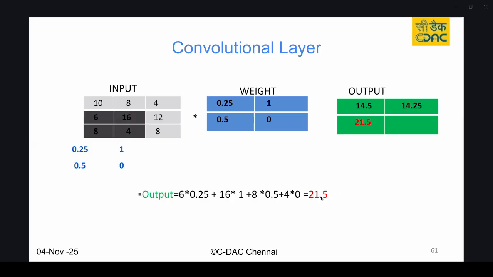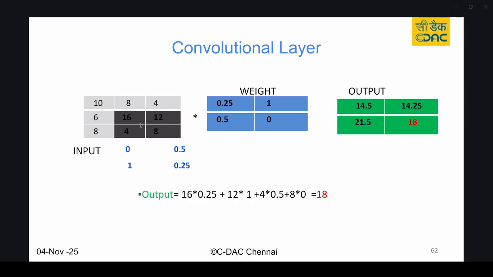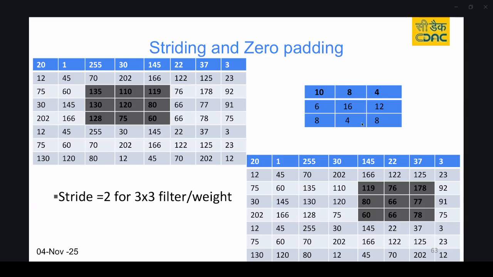Then again this 2 cross 2: 6 into 0.25 plus 16 into 1 plus 8 into 0.5 plus 4 into 0, I get 21.5. Again this 2 cross 2 matrix: 16 into 0.25 plus 12 into 1 plus 4 into 0.5 plus 8 into 0, I get 18. So I get an output matrix of size 2 cross 2 after performing the convolution operation.